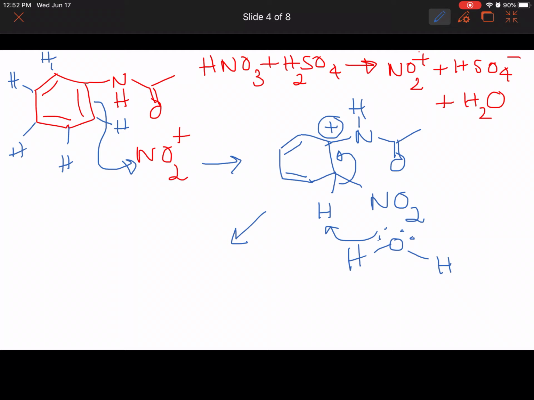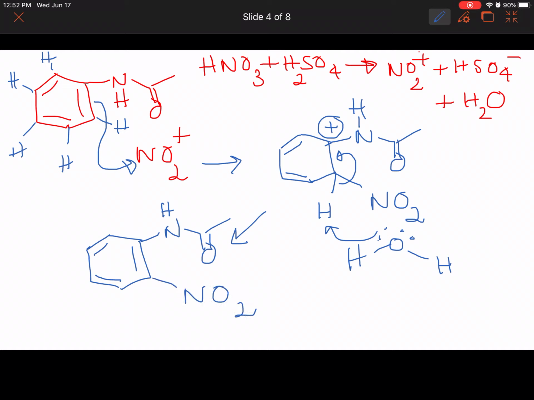Now for this one you don't have to put the double-headed arrow, because we are not drawing a resonance. We're just drawing the reaction mechanism. And then nitrogen, hydrogen, carbonyl group form the pi bond back, and then we have our nitro group.